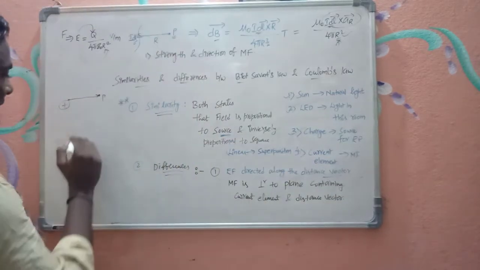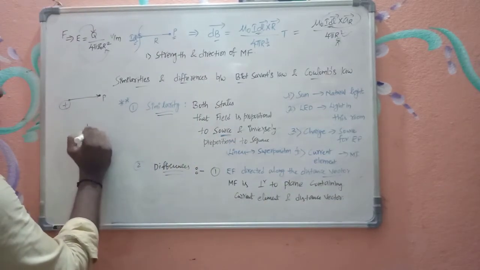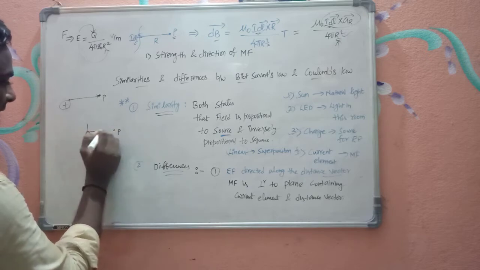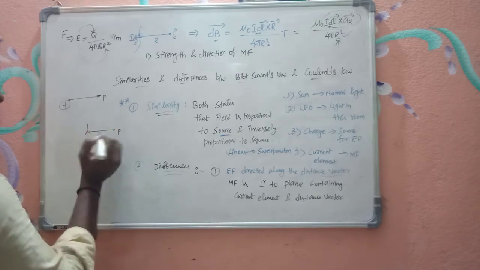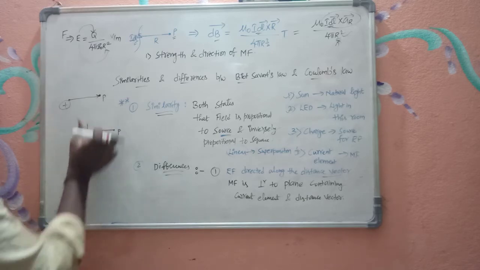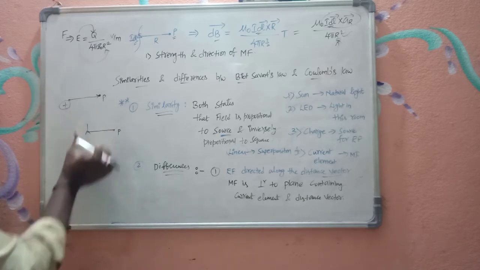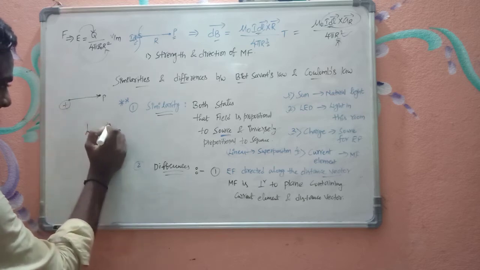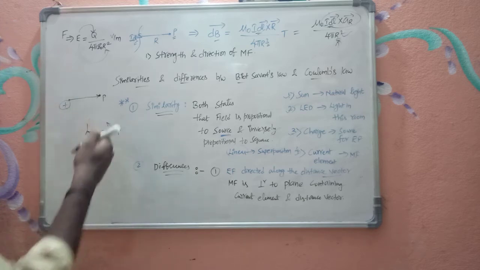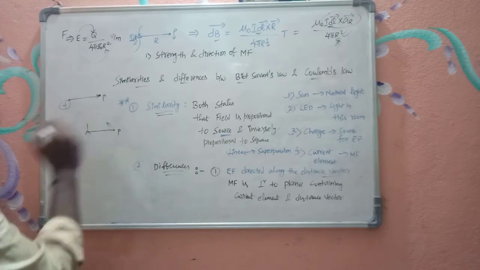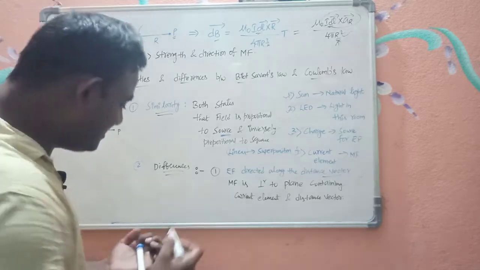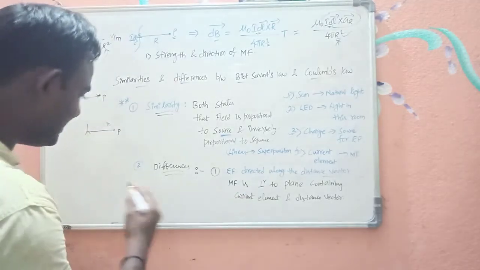Whereas when you have a current carrying conductor here and a point of interest here, with the distance vector, then by the right hand thumb rule the field is towards the board. It is perpendicular to both. This is the first difference.